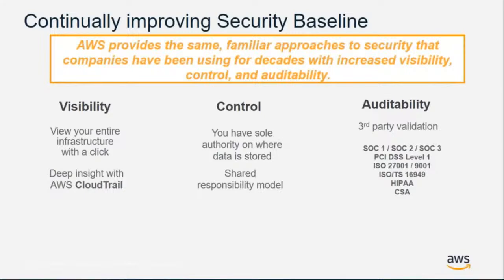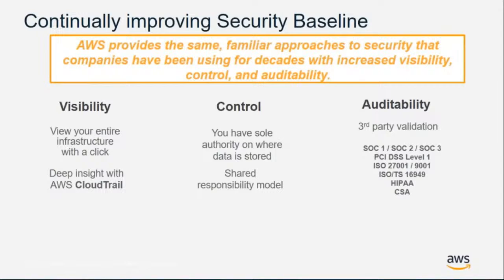We as a customer are responsible for our data that sits in the cloud, for encrypting the data, and for how access is given to that data. So the AWS shared responsibility model provides clear ownership of security and implementation. And AWS maintains the security of our infrastructure to maintain the security of the workloads also.